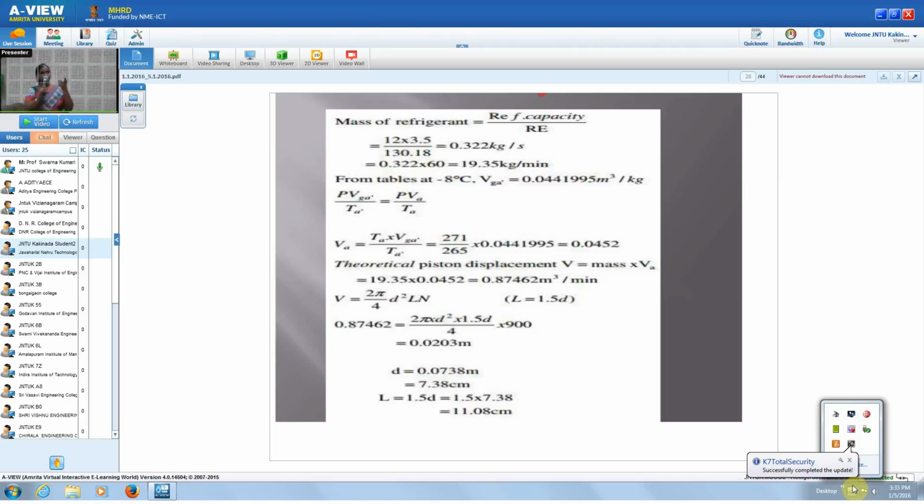So if you substitute L equal to 1.5 d in that relation, then you can find out the value of L first, then D. Okay. So bore is 7.38 centimeters and the stroke is 11.08 centimeters. Okay. So in this only the additional problem given here is to find out the bore and stroke. So remaining problem is superheating and also subcooling.